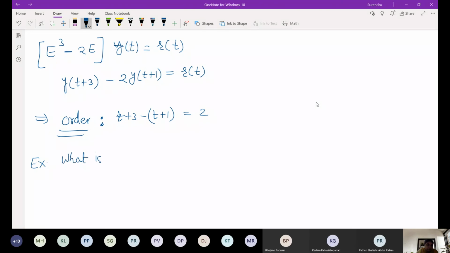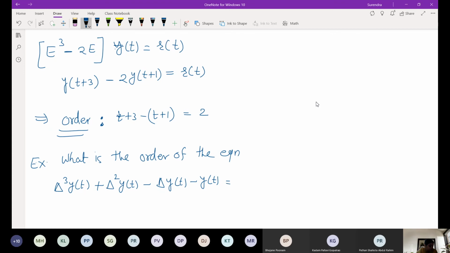What is the order of the equation delta cube yt plus delta square yt minus delta yt minus yt, which is equal to 0. Find the order now. This is exercise 3.23, page number 110.